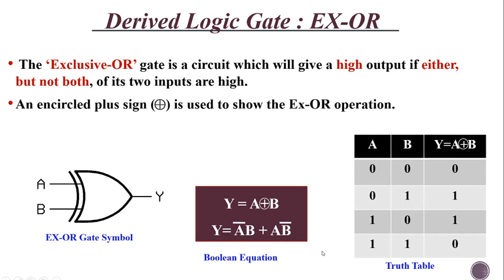And here is the truth table that represents the operation of this gate. As I have said, when both inputs to this gate are different, meaning one input is 0 and the other is 1, then the output will be high, and if they are equal, the output will be 0.